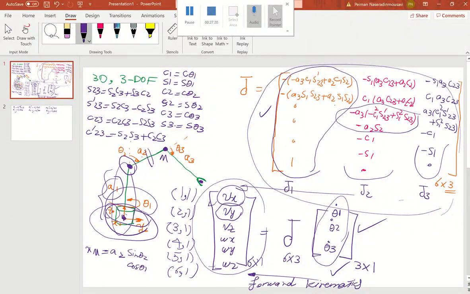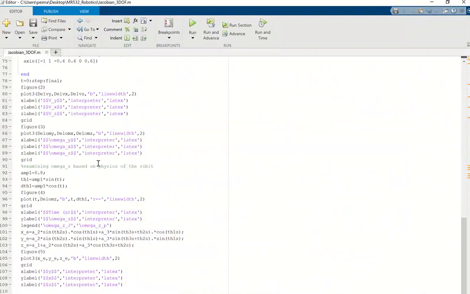Obviously, the omega z, meaning rotation of the end effector based on the base coordinate system, is going to be theta dot 1, because the only rotation is theta dot 1 around the z-axis. So that's why I want to double check my code. How? I'm plotting theta 1 and theta dot 1.